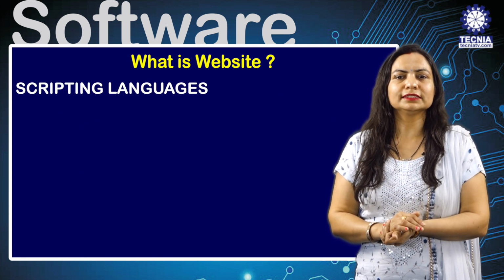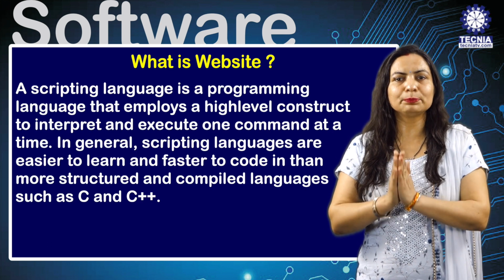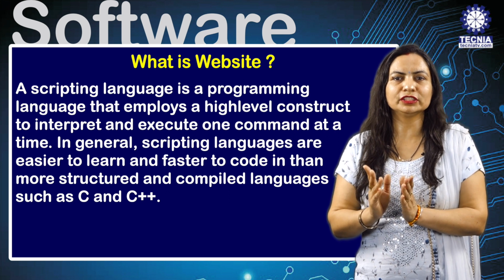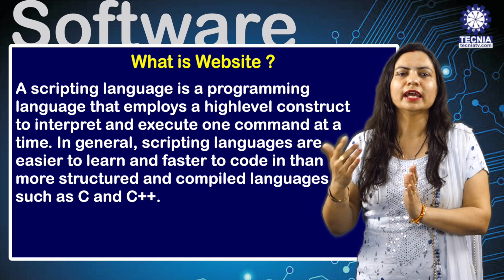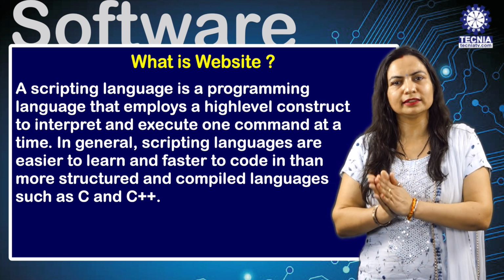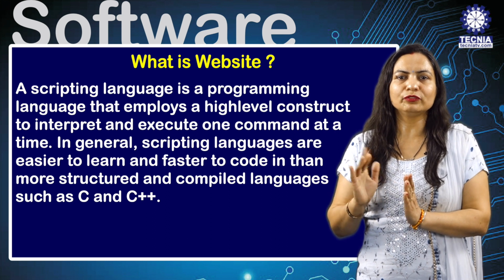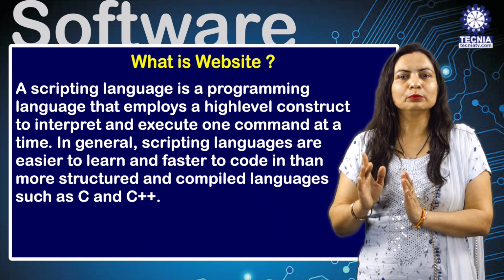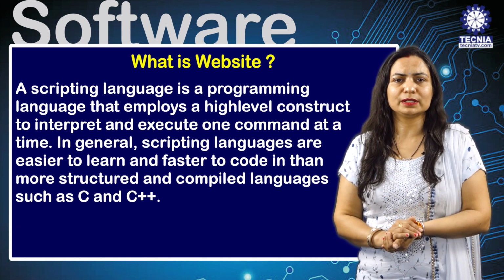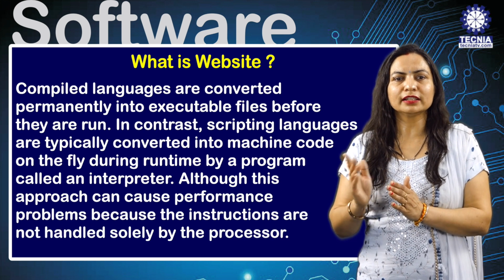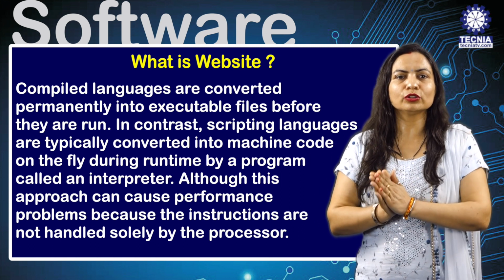Now, let us discuss some scripting languages. Basically, a scripting language is a programming language that employs a high-level construct to interpret and execute one command at a time. In general, scripting languages are easier to learn and faster to code in than more structured and compiled languages such as C and C++. Compiled languages are converted permanently into executable files before they run.